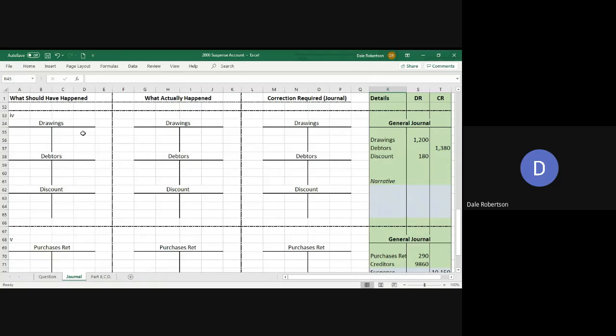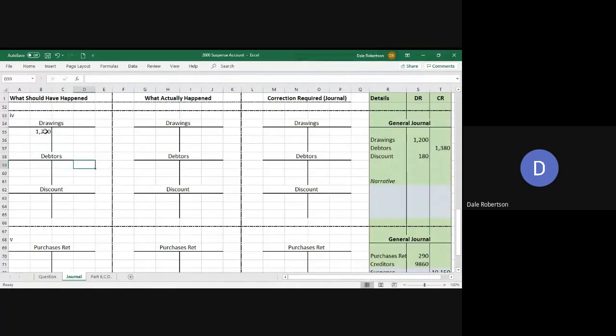Now, this chap owes somebody in his private life, but then they owed his business and they allowed an offset to happen here. So that's fine as long as we record it as drawings for Mr. Reddington because he did benefit from the business in that regard. So you put €1,200 into the drawings because that is how much the private debt has been cancelled for him.